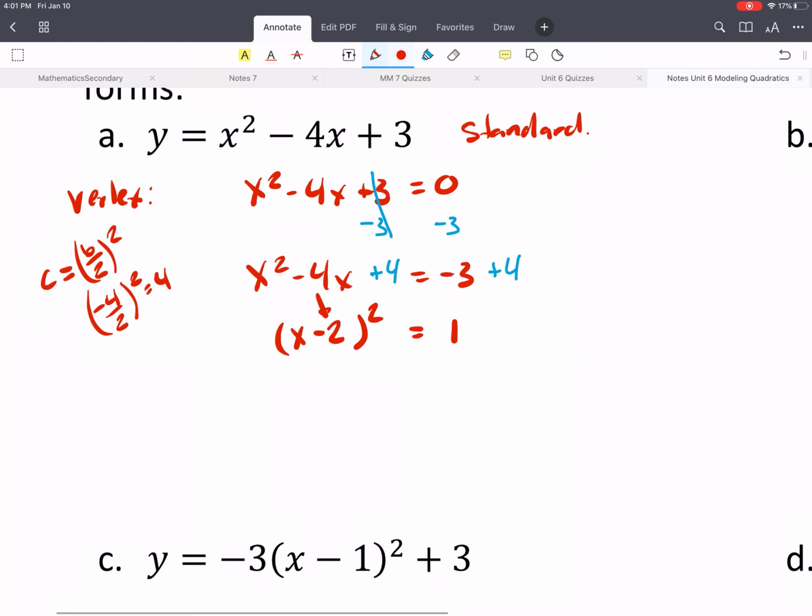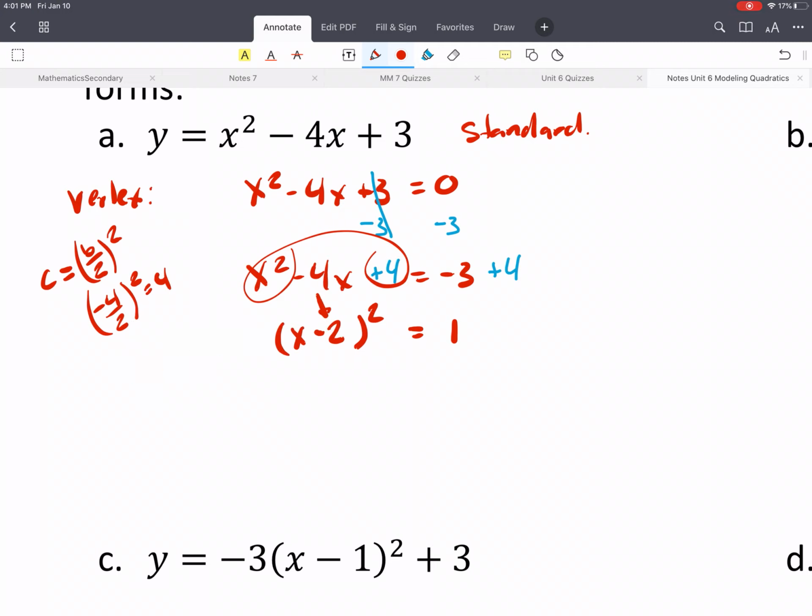It's always that way with perfect squares, which is why we forced it to be a perfect square. If you don't believe me, you can always factor, and you'd end up getting x minus 2 times x minus 2, which is x minus 2 squared. So either way, you'll get to the same answer.